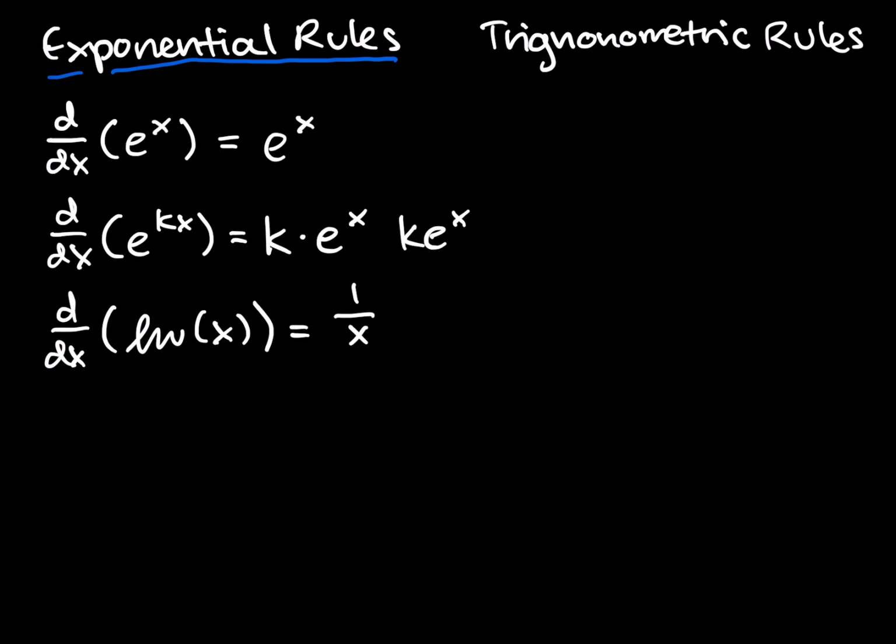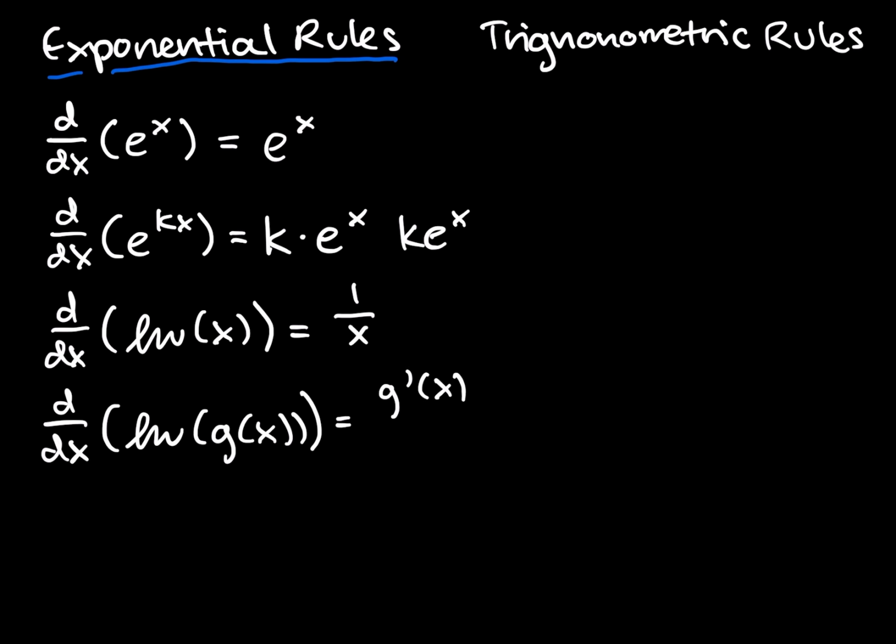And for example, say that we have a function instead of just an x, that will mean our derivative will be equal to the derivative of the inside function divided by the inside function. And we will see why this is the way it is later in this video.